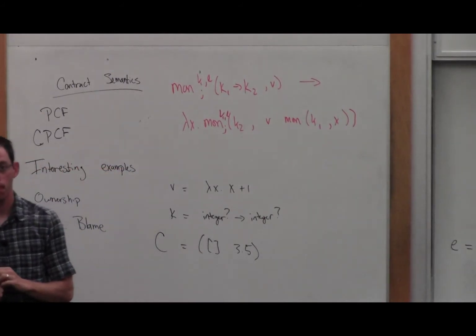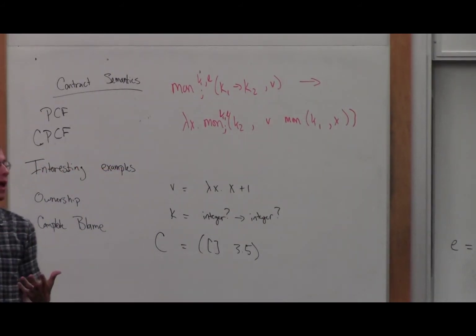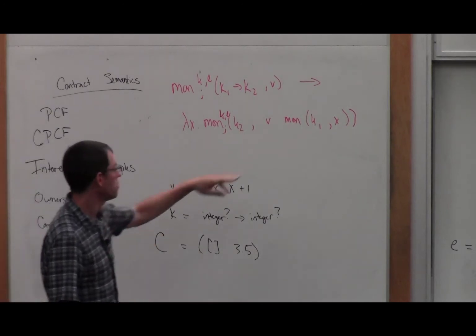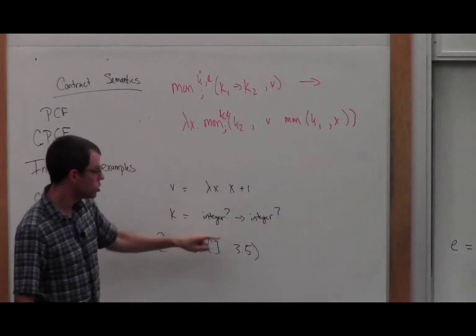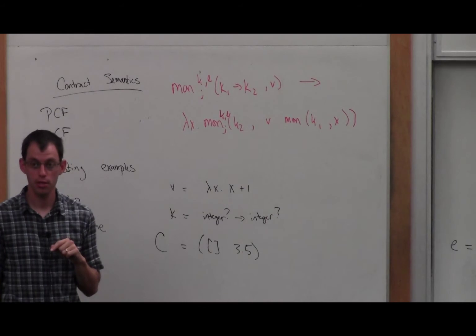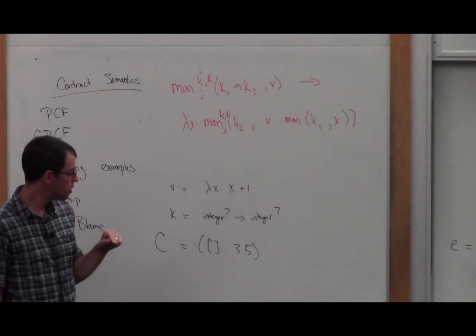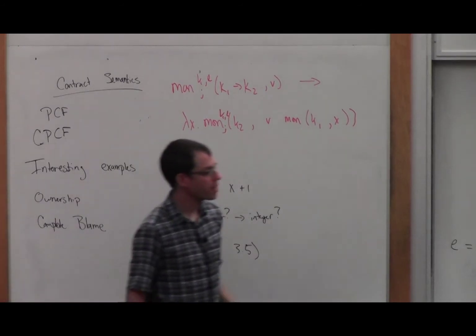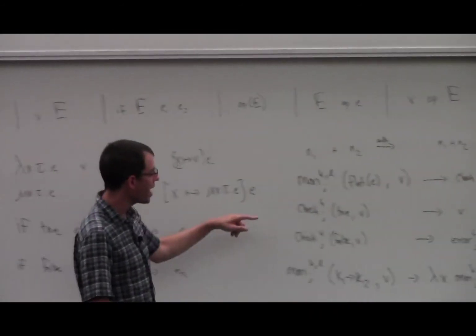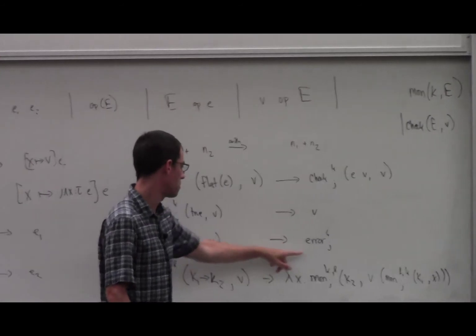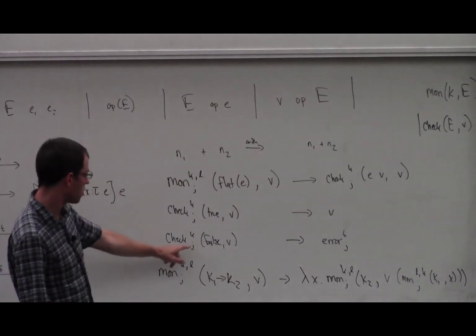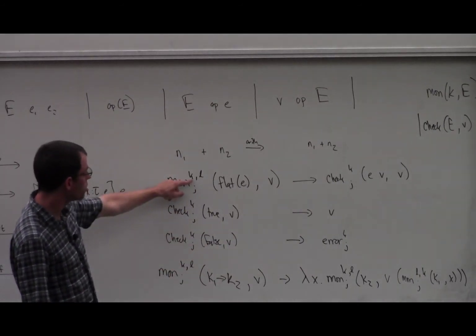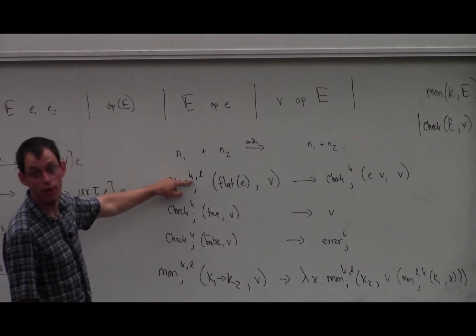If we get, let's say K1 was a flat contract, checked for integerness, then we need to take this reduction and blame K here, which is the first label in our monitor.